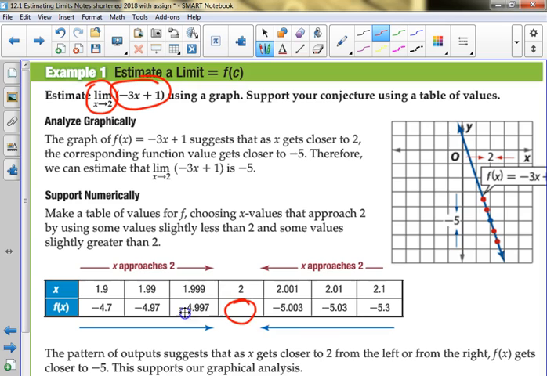What are these y values approaching from both sides? -5, right? We'll eventually learn that this is a problem where you could have done direct substitution by putting in the 2. You get -6 plus 1 is -5. But the limit is not what the value is at 2, it's what is approaching at 2, because sometimes at 2 it's undefined.